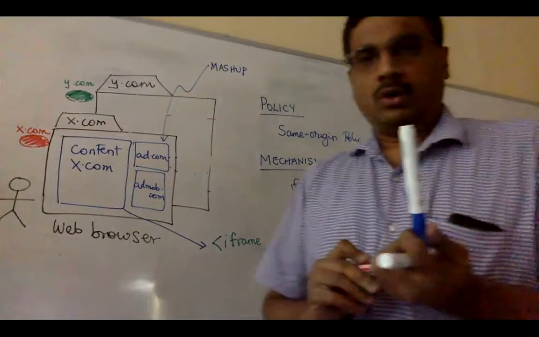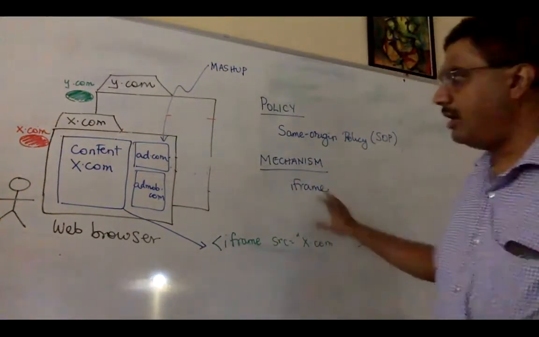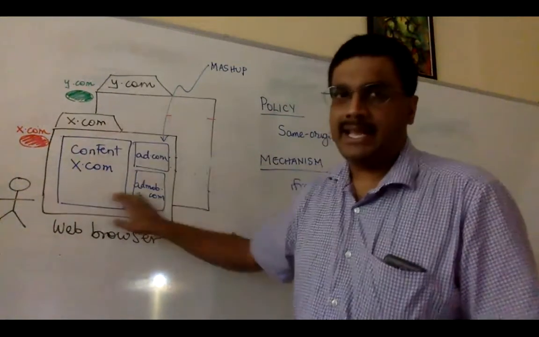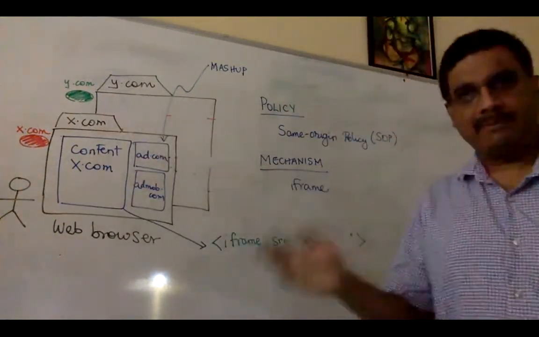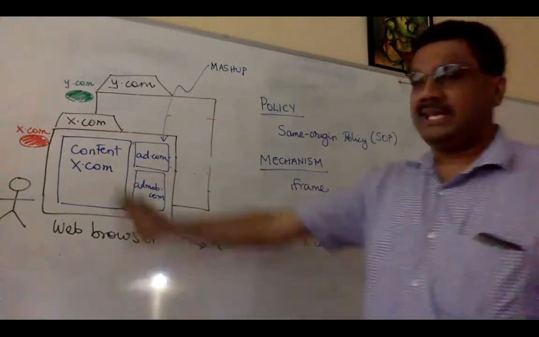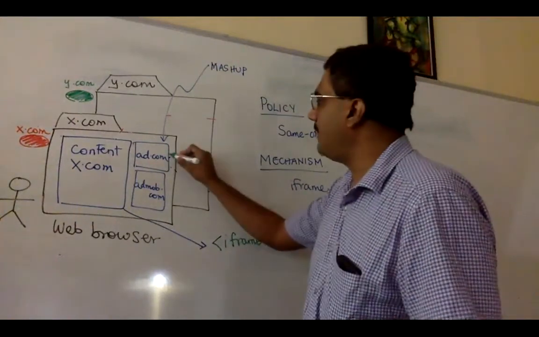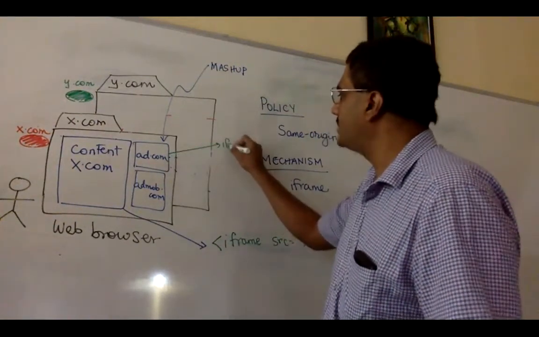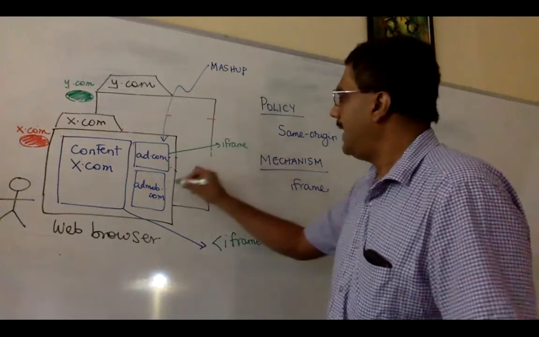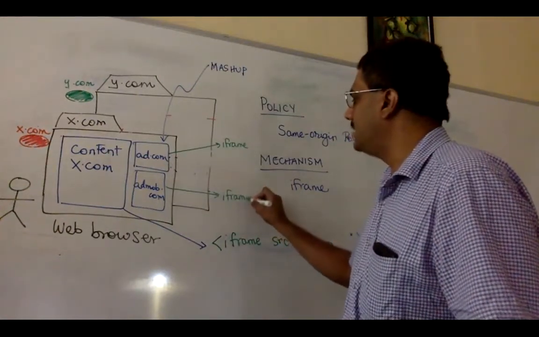So what this is saying is that this iframe is taking content from x.com and it's being displayed in a box like this, whose dimensions are specified by the dimensions of this iframe within the web browser. Likewise, the content from ad.com will be sandboxed in its own iframe, and the content from admob.com will be sandboxed in its own iframe.